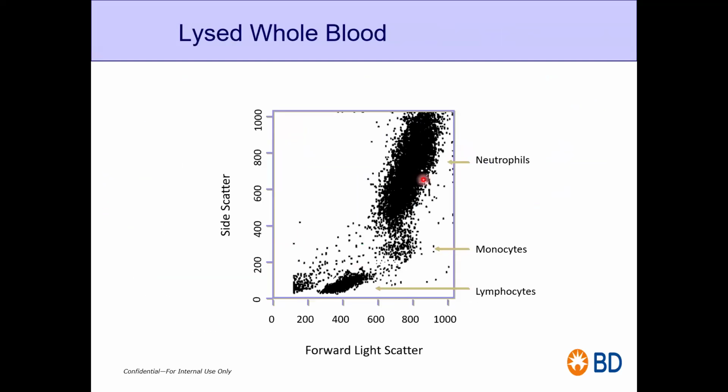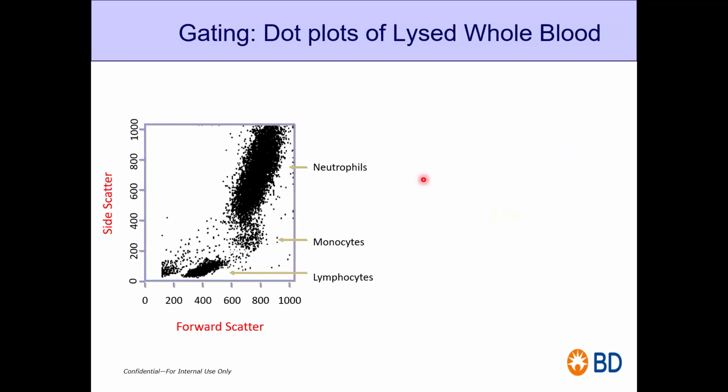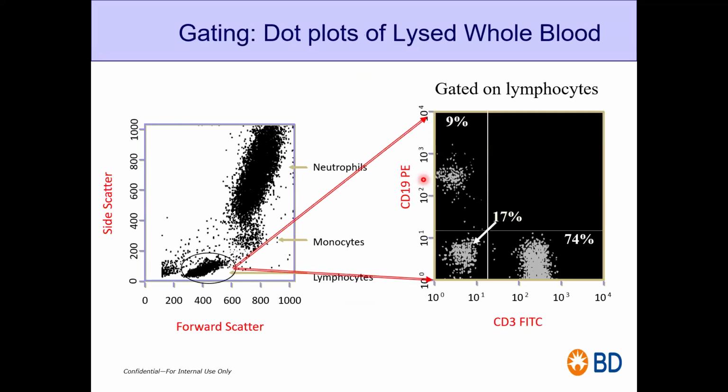Now let's go to the point called gating. How we do the gating is very important for you. First of all, you should know the biology of your sample. At least a little bit of knowledge of your sample before performing any flow cytometry assay.